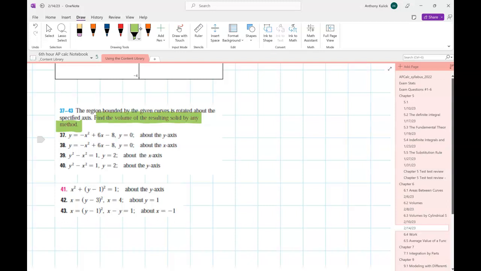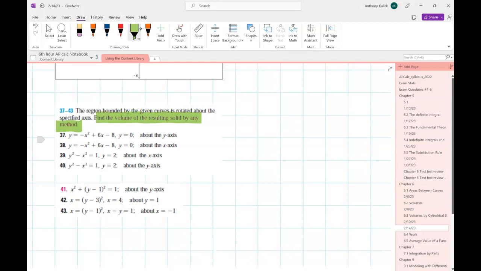I'm not sure I would know how to cram a washer or disc into a shell problem. And likewise, the disc and washer setups are usually much easier than shells. So it's about finding the easiest way to do it. Keep that in mind as you're working.